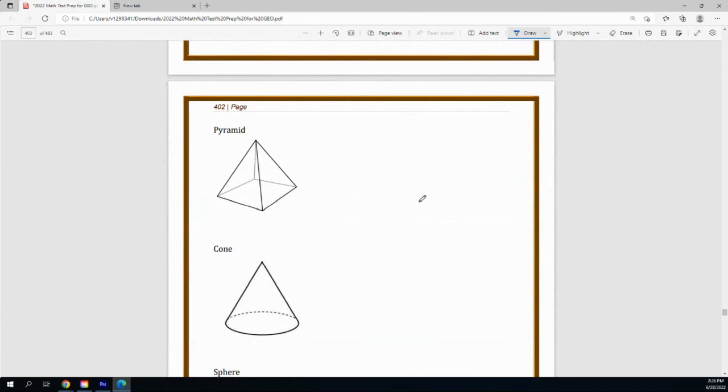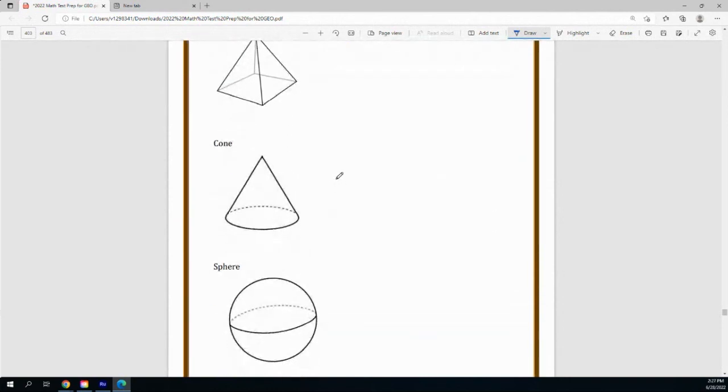Pyramid is exactly what you think it is. Pyramids have four sides that look like triangles, and a base. The base is usually a square when it comes to a pyramid, and then you have your four triangular sides.